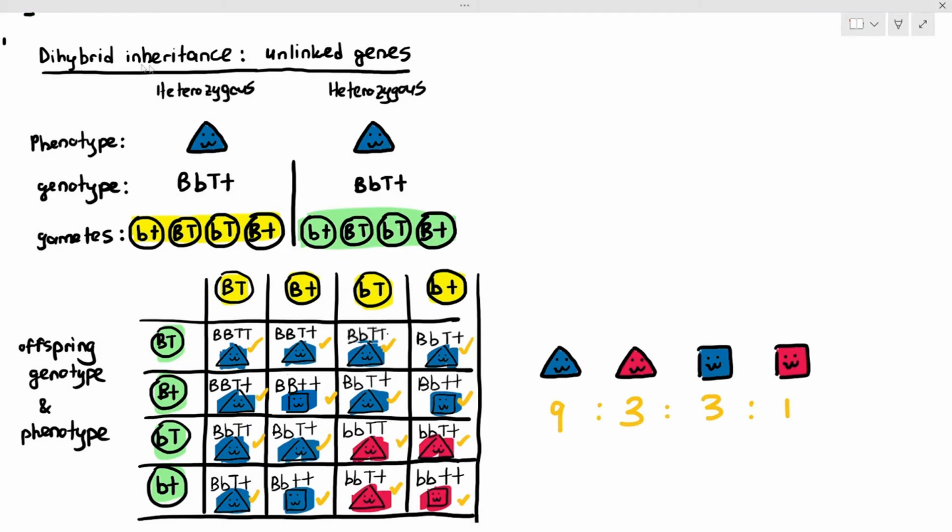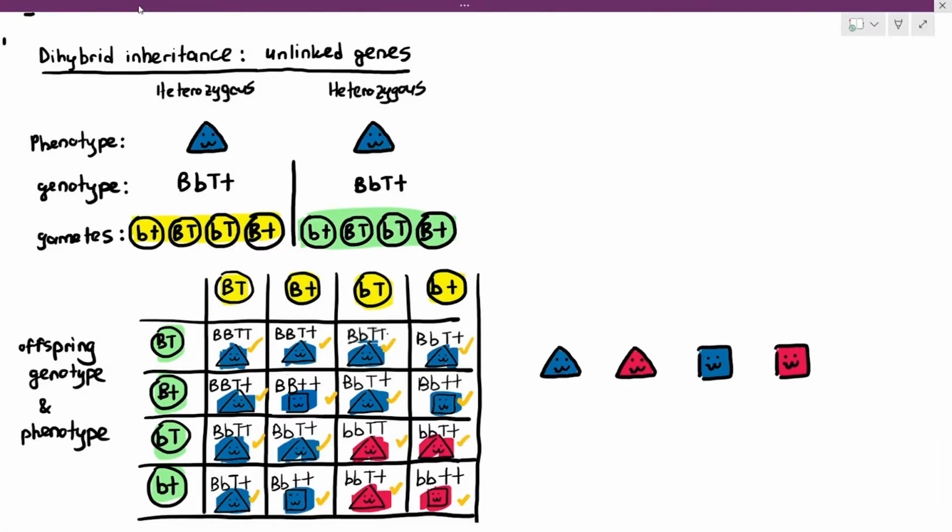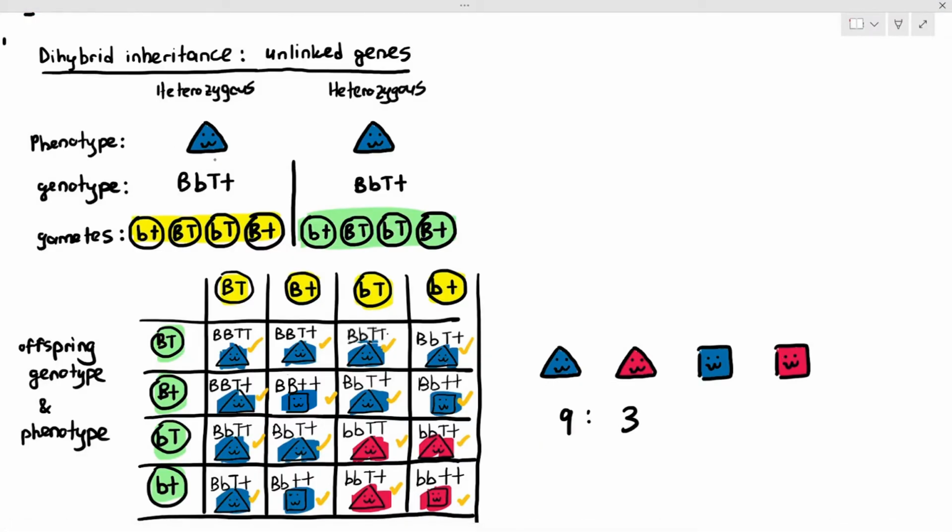So in this case here, the ratio of the offspring will be 9:3:3:1, which means there's a 9/16 possibility to get a blue triangle, 3/16 to get a red triangle or blue square, and 1/16 chance of getting a red square.